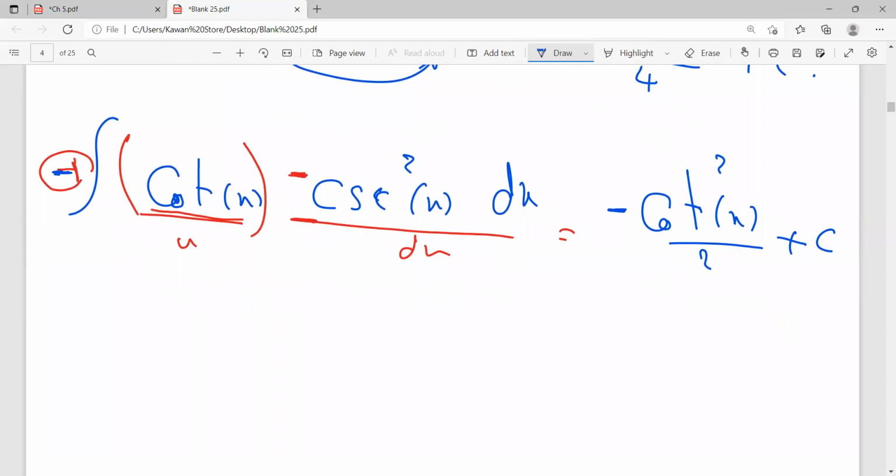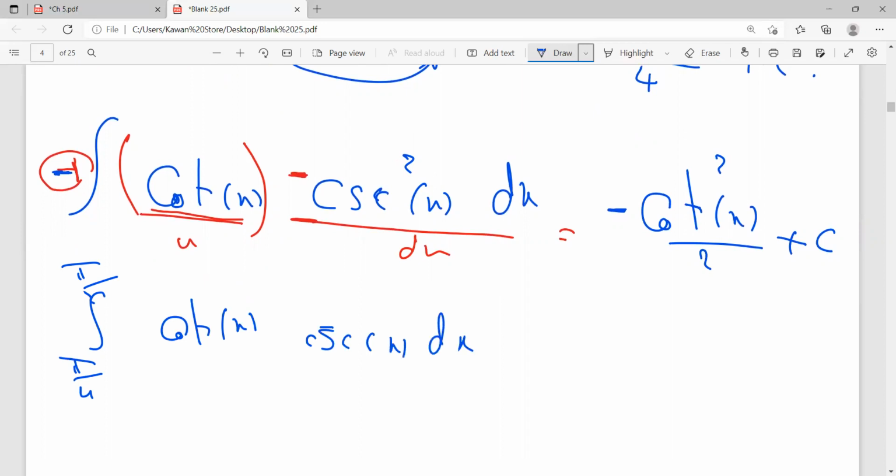So in case I have the integral from pi over 4 to pi over 2 of cotan x, cosecant x, dx, it is equal to what? It is equal to nothing, because here there should be a square. So in that case, it is equal to minus cotan x over 2 squared from pi over 4 to pi over 2.